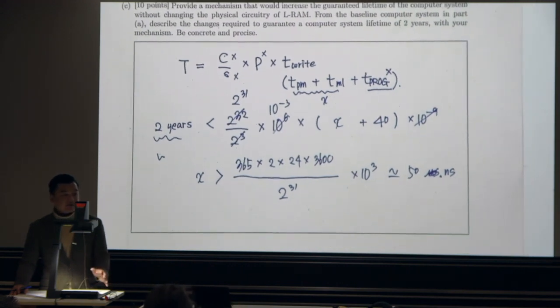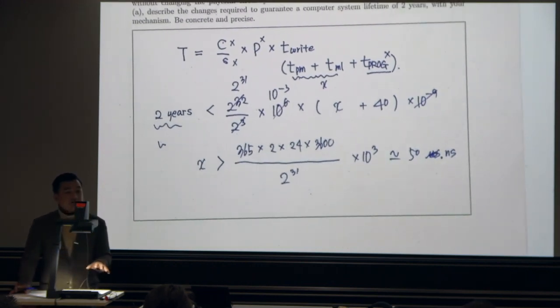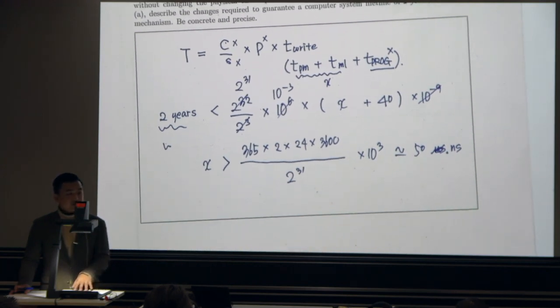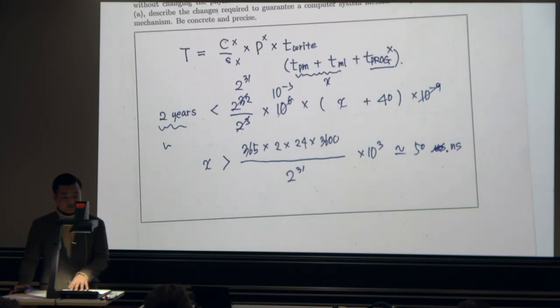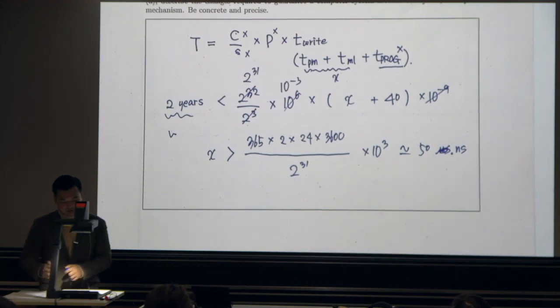But if our most important concern is to guarantee the lifetime, we can call this approach throttling, and it is commonly used when we design real systems. And the required delay value is 40.